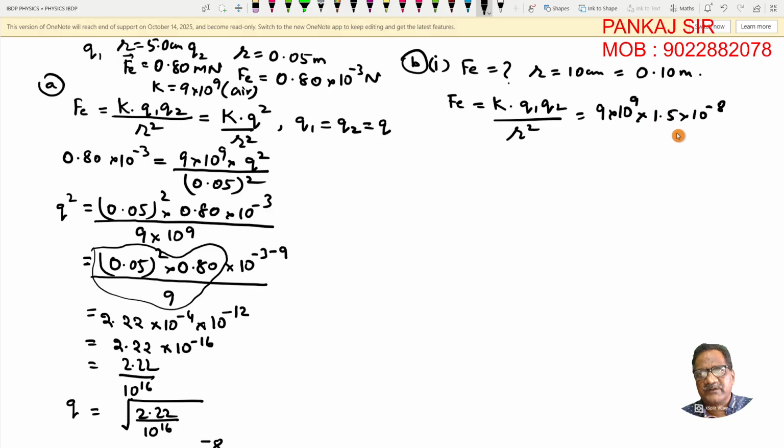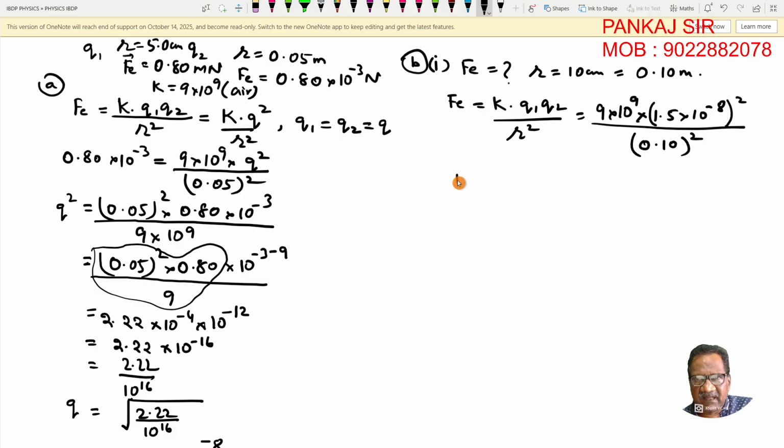Because I told you we have to take the value of charges in coulombs, the distance in meter, and the force in Newton. Okay, so here I cannot take 15 nanocoulomb. I am taking 1.5 into 10 raised to minus 8 coulomb. Okay, and because the two charges are same, Q1 and Q2 are both equal, I will do the square of this. Whole thing divided by R square. R is the distance, that is 0.10 square. Okay, so this should be the calculation.